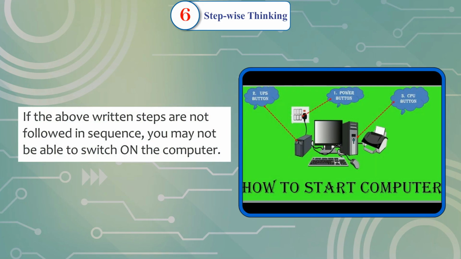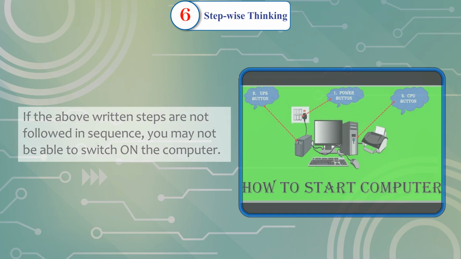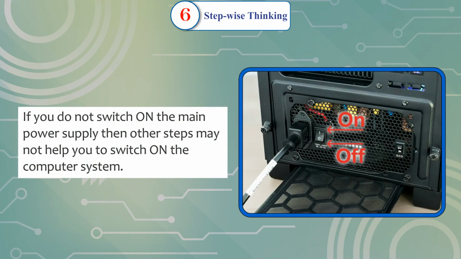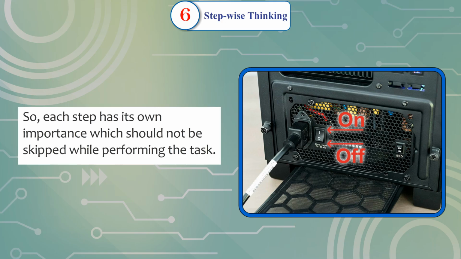If the above written steps are not followed in sequence, you may not be able to switch on the computer. If you do not switch on the main power supply, then other steps may not help you to switch on the computer system. So, each step has its own importance, which should not be skipped while performing the task.